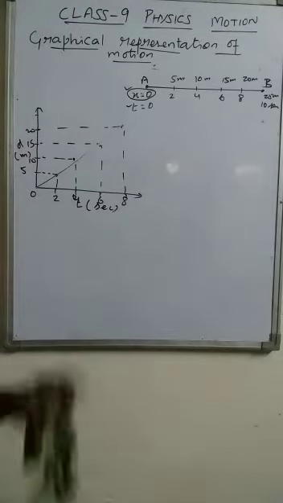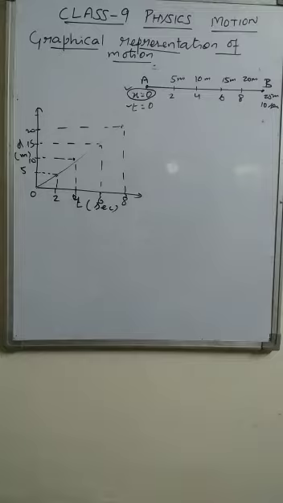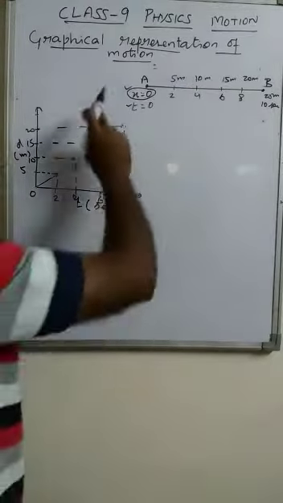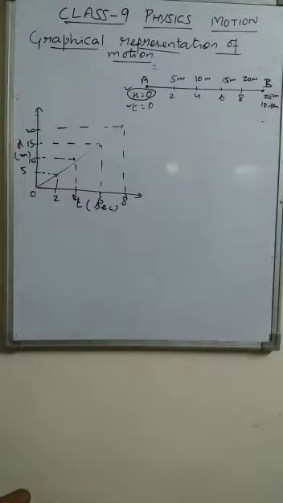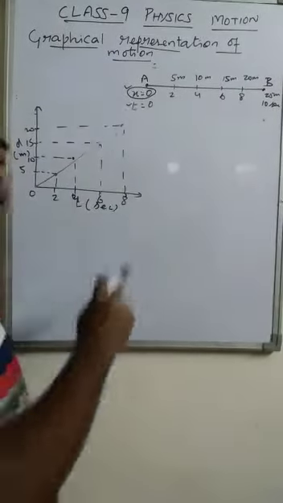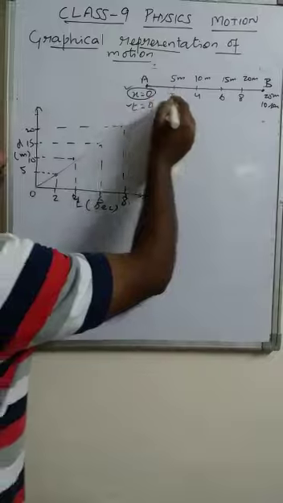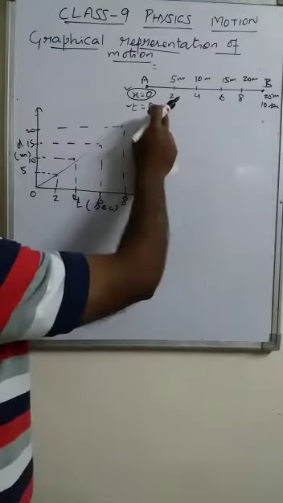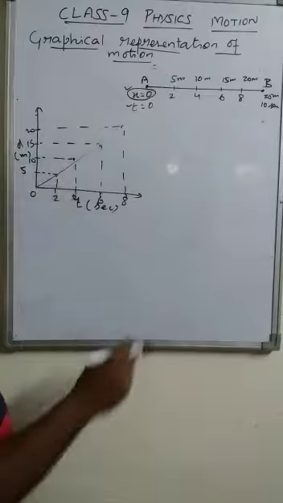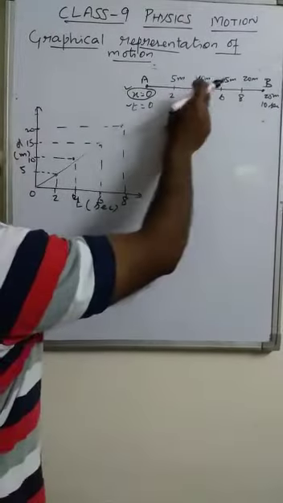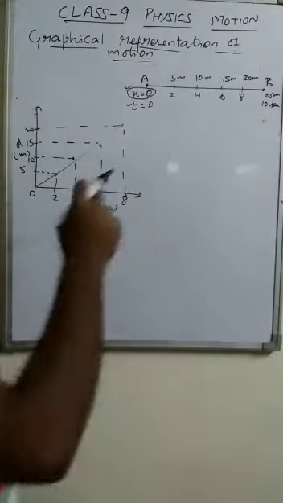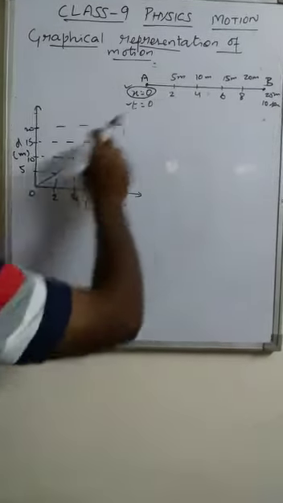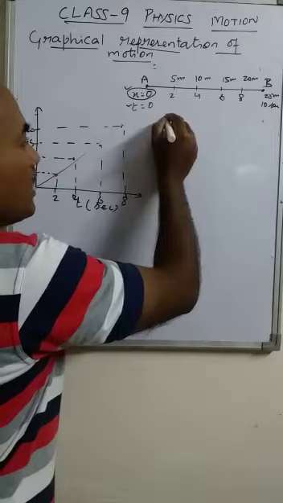This straight line represents the type of motion of the object. Here if we calculate the speed at every interval, already we have calculated the speed in this type of motion. Here we get the same speed throughout the motion. Here it is 5 by 2, 2.5 meter per second. Again, in every interval, the speed comes same. So that means for the same speed we are getting the straight line graph.